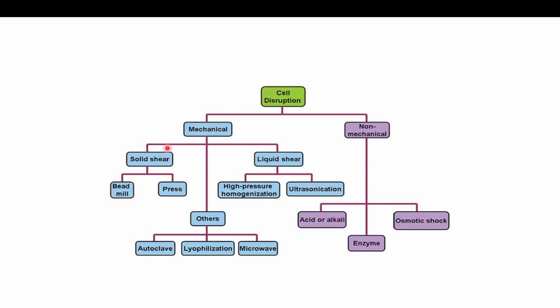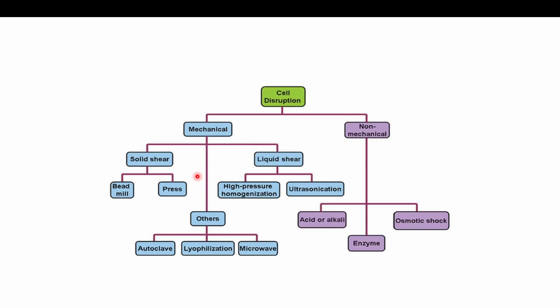Under mechanical methods, it's solid shear or liquid shear. Solid shear has bead mill or press methods, wherein you either break the cells open using glass beads, small spherical beads, or you press it.